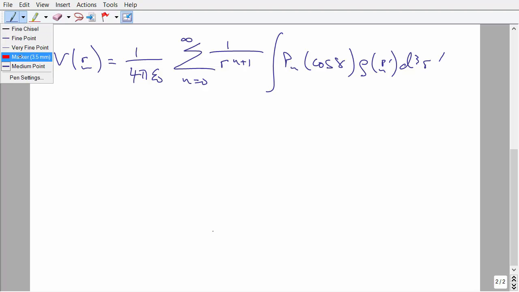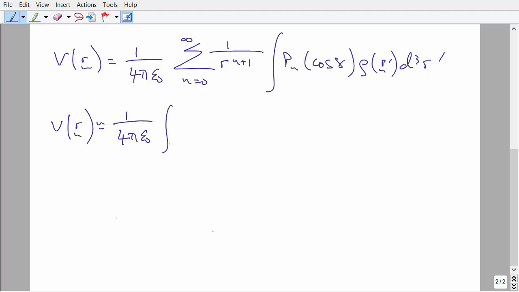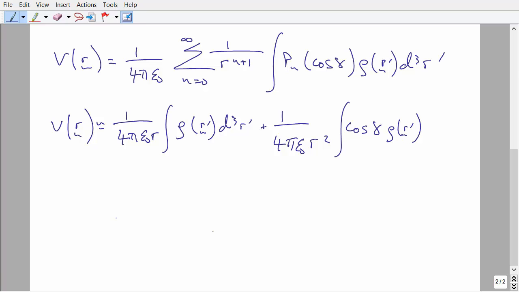Okay, so we've simply done the substitution as I suggested on the previous page, and now we're going to restrict our attention to the smallest two terms in this sum, the n equals 0 term, that is the monopole term, and the n equals 1 term. Okay, so there are those two lowest order terms.